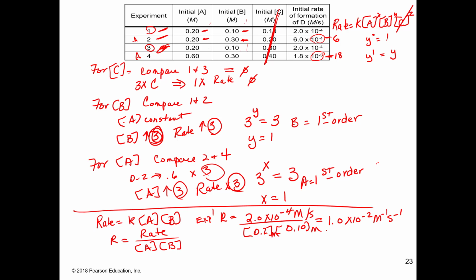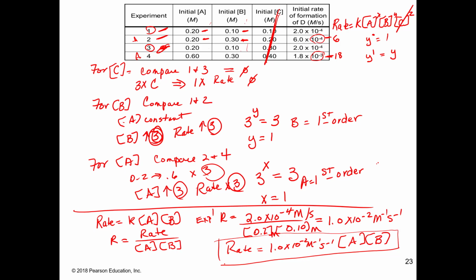And so the actual rate would be 1 times 10 to the minus 2, M minus 1, s minus 1, times A times B. And that's the specific rate expression.